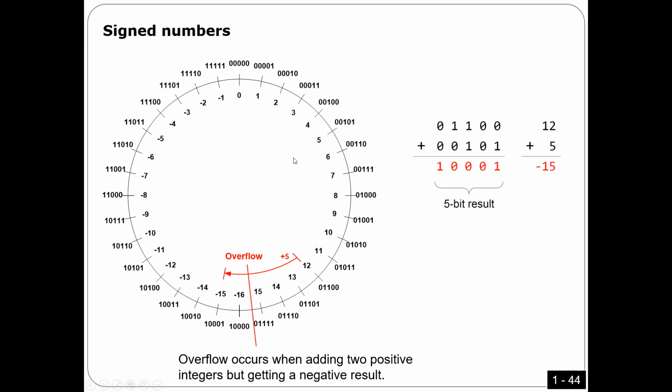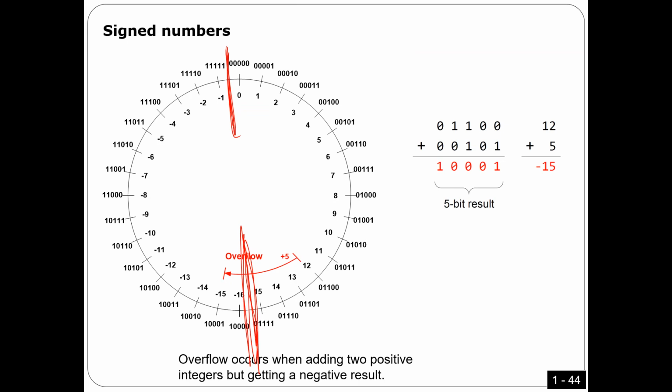This is exactly the same thing, but for signed numbers. If you look at all the numbers we have, here is the boundary between negative numbers and positive numbers, and we have a boundary here between positive numbers and negative numbers. If you do the addition and you don't cross the boundary, no overflow. If I add something to this one and it's still here, you are okay.